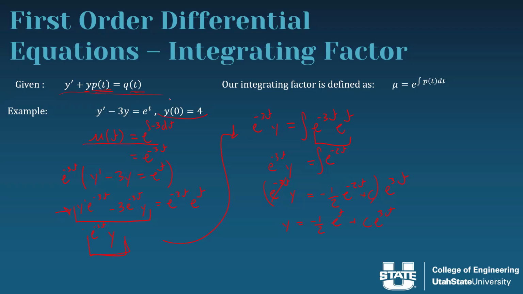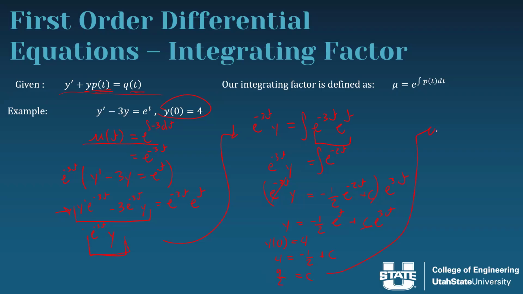We were given an initial condition to solve for our constant, so now we can just plug that in. You have y of 0 equals 4. So 4 is equal to negative 1/2 plus c. You can add the 1/2 to the other side, so you have, oh wait, sorry, 9/2 is equal to c.